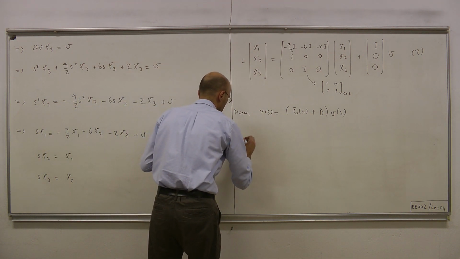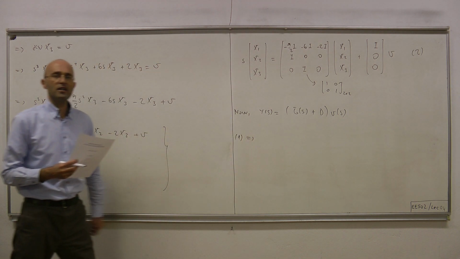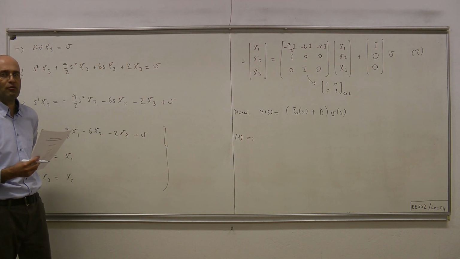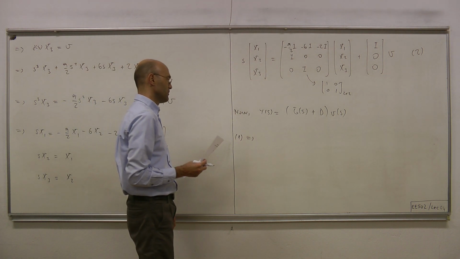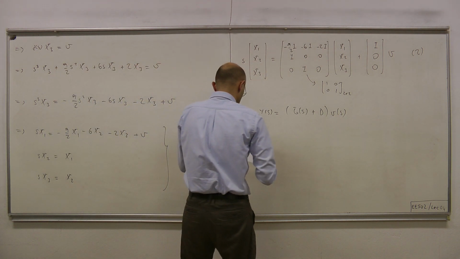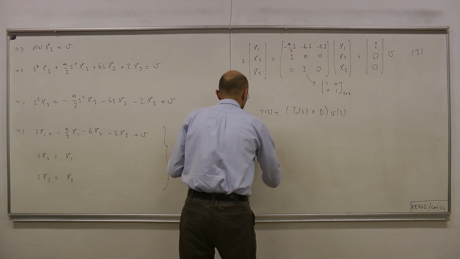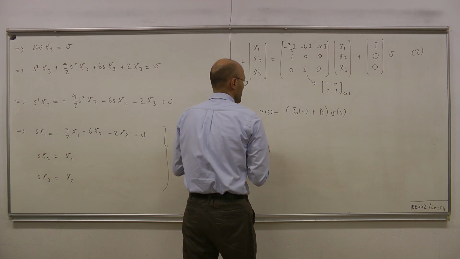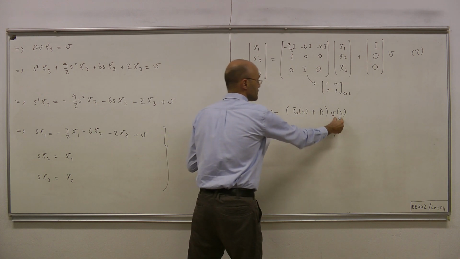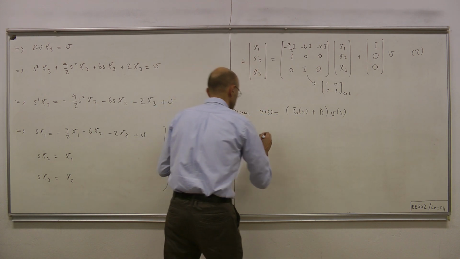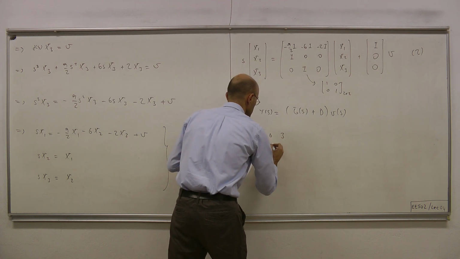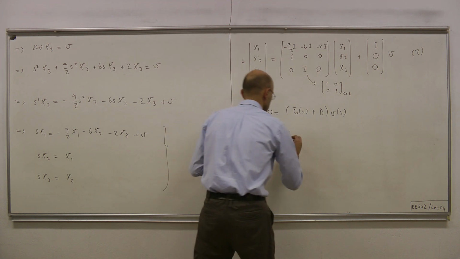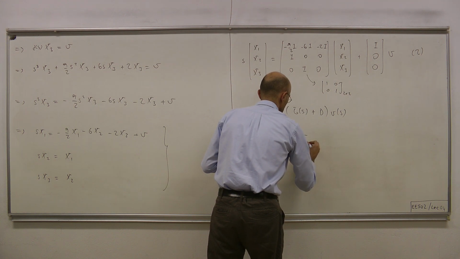Then, by using our equation 1, which was a nice expression of g bar of s, our strictly proper part of the transfer function, we can write this g bar of s times u of s as follows: -6, 3, 0, 1 times s squared u over d of s.